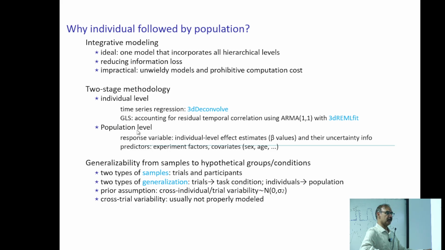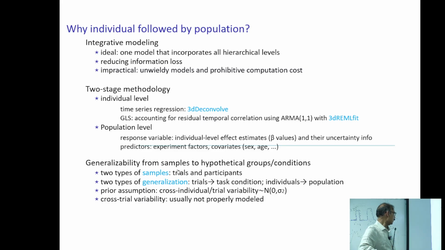And then once you have done that, you can look at the group level for that response variable, right? These individual level effect estimates, which are the beta values, and their uncertainty information, with predictors like experimental factors, covariates such as sex, age, and so on. Again, for this kind of study, we can have two types of samples: trials and participants, right?